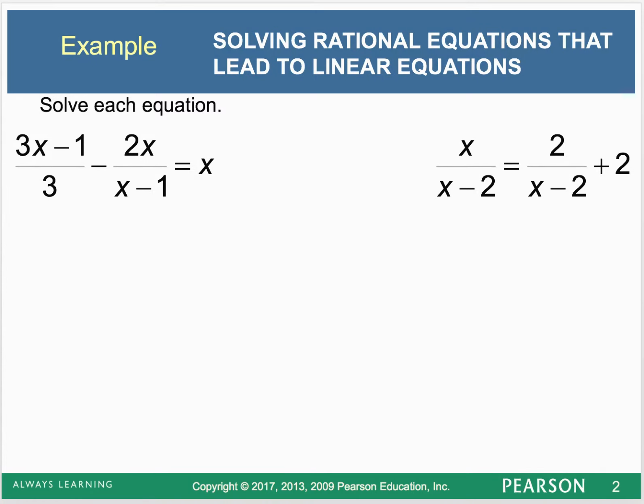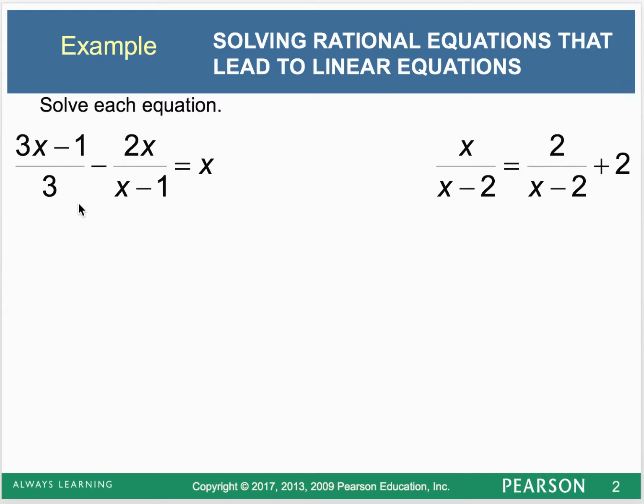Okay. So first of all, let's talk about finding a common denominator. As a matter of fact, this one over here already has a common denominator, right? But right here, to find a common denominator, and so you may want to write this down also.